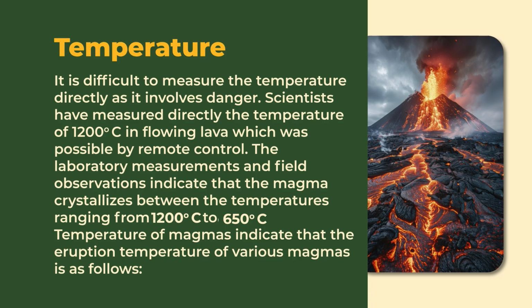But scientists have directly measured a temperature of 1200 degrees centigrade in flowing lava, which is possible only by remote control. Laboratory measurements and field observations indicate that magma crystallizes between temperatures ranging from 1200 degrees centigrade to 650 degrees centigrade. The temperatures of magmas indicate the eruption temperature.